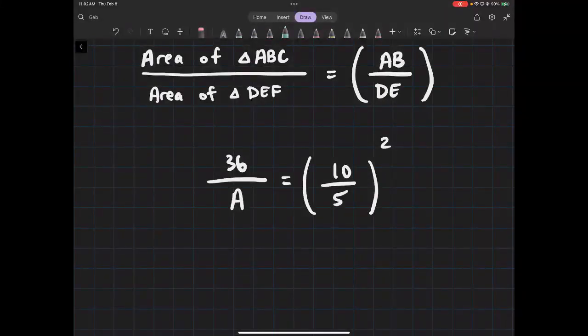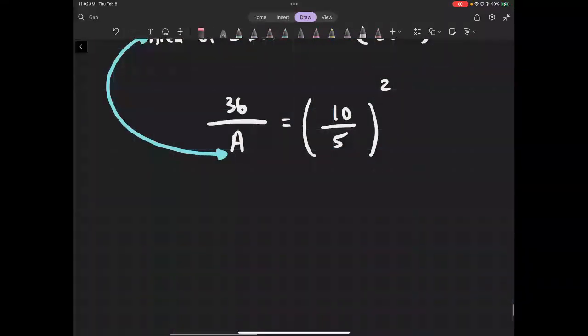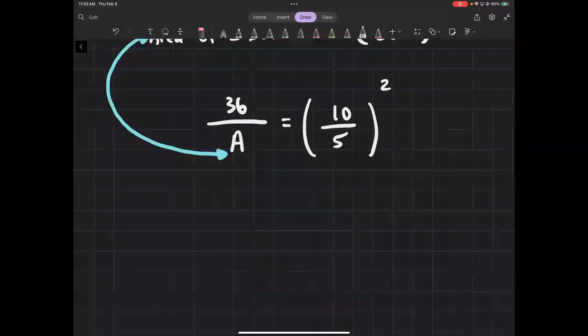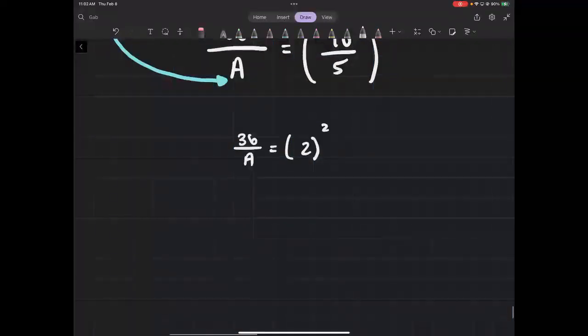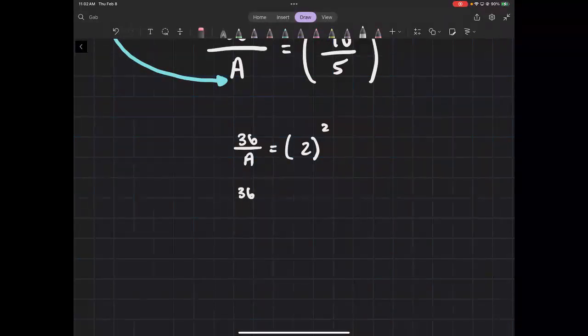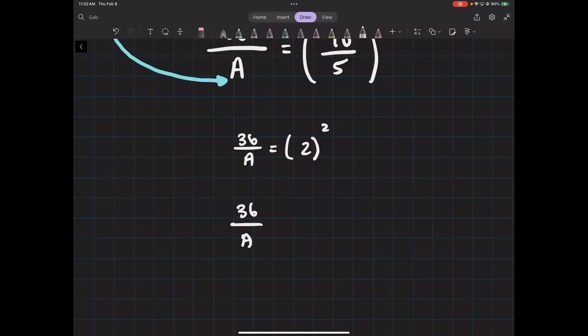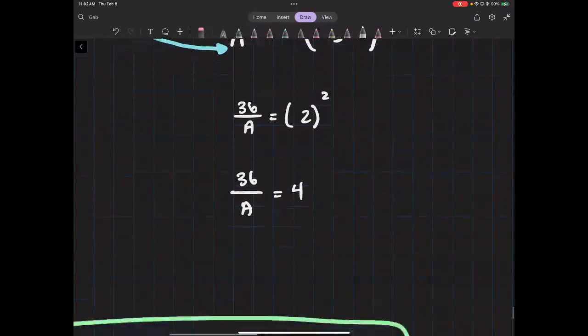Just make sure that these two are the same thing. Just letting you guys know. And then 10 over 5 simplifies to what? 2. So basically right here you're gonna have 2 squared. What is 2 squared? 4. Okay, how do you get A out of there?